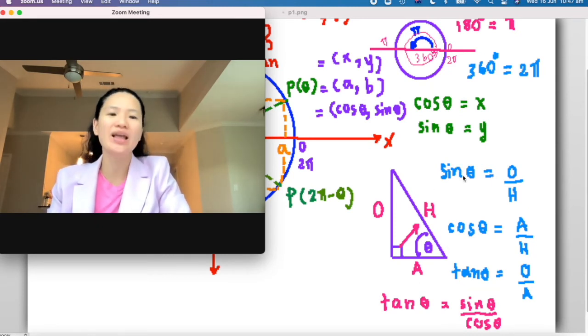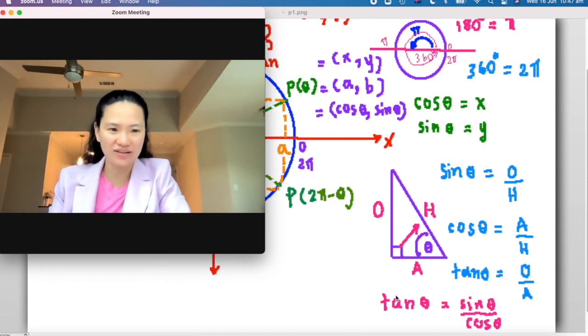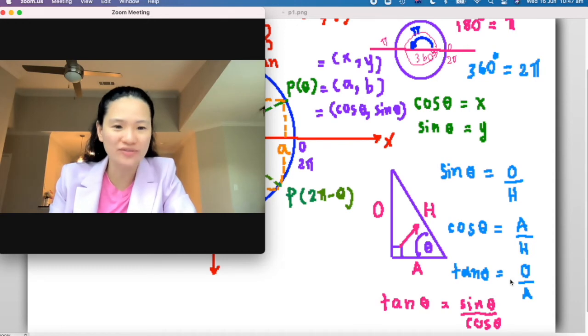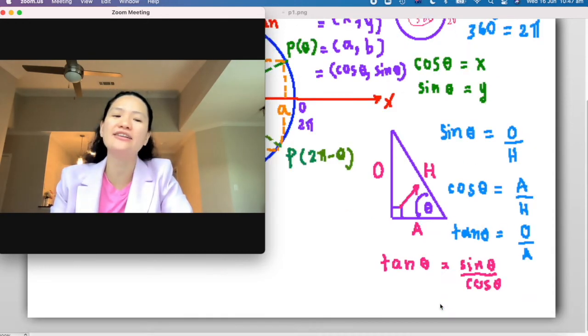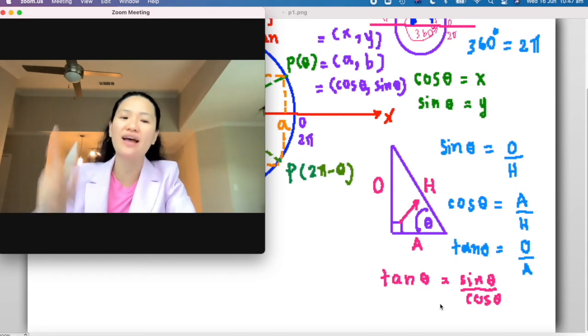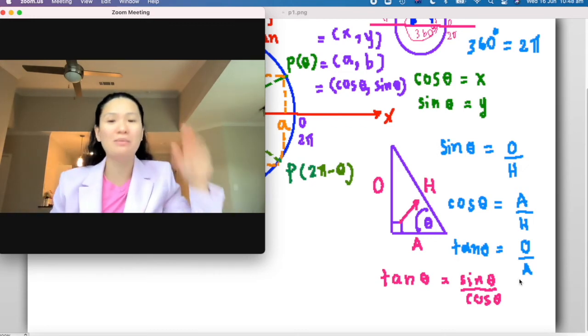Look again. Sine theta equals opposite over hypotenuse. Cos theta equals adjacent over hypotenuse. How about tan theta? It equals opposite over adjacent here. And another formula that you need to know is tan theta equals sine theta divided by cos theta.